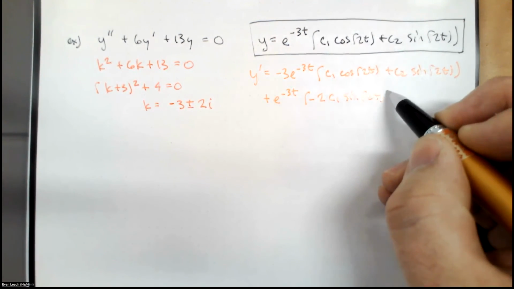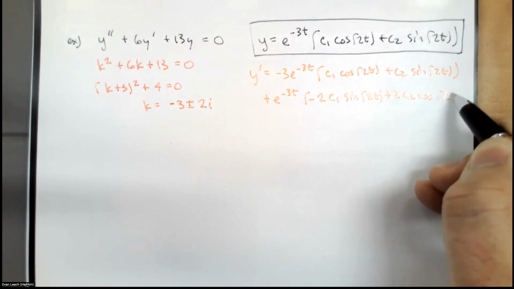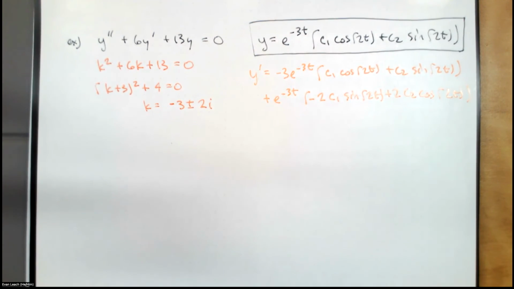Derivative of sine is cosine. This is a second order equation. We're going to need the second derivative. Oof.